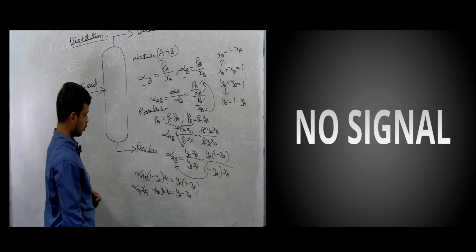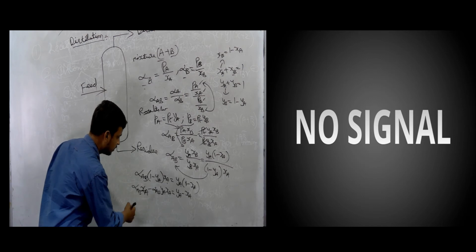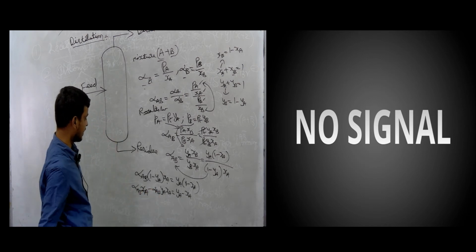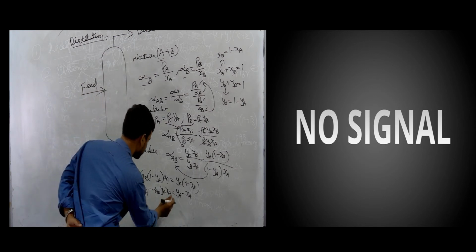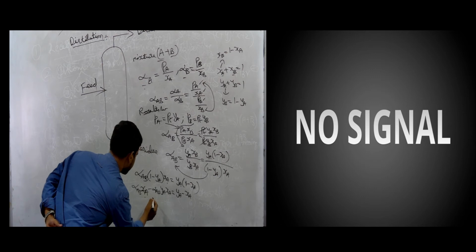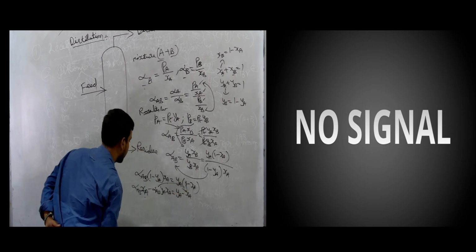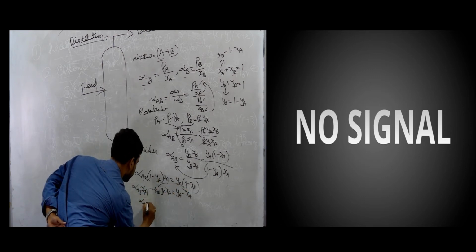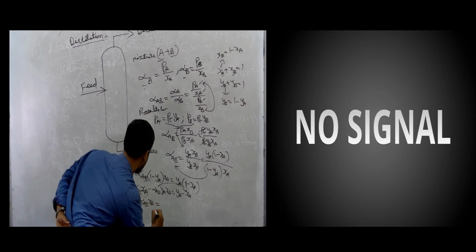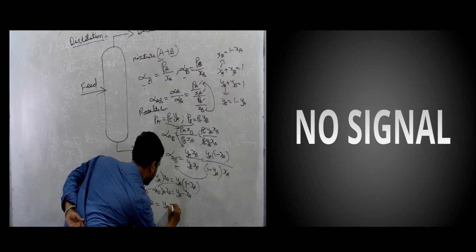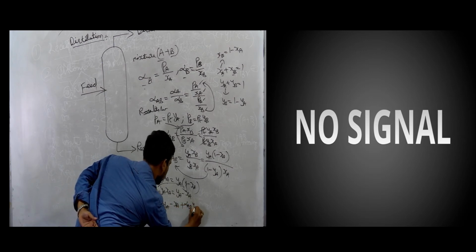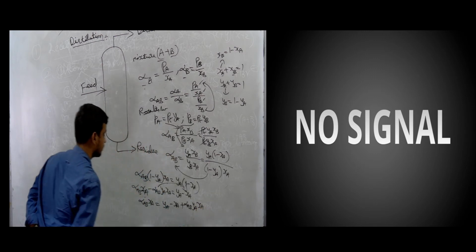So we can do it like this, and it will define the relationship between Y and X. So we can send this to the RHS, which is alpha AB into Xa is equal to Ya minus Xa plus alpha AB Ya Xa.